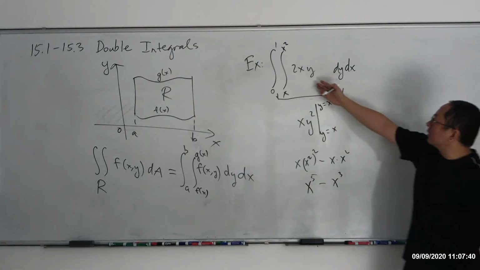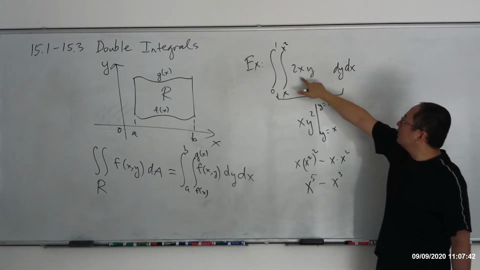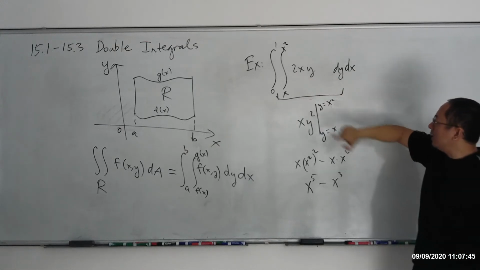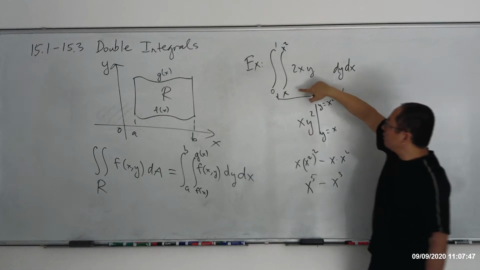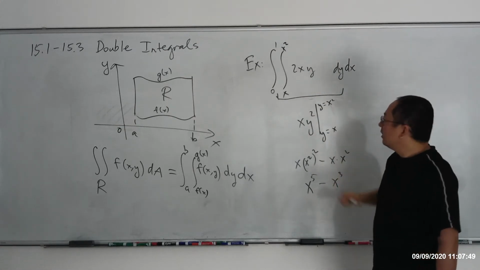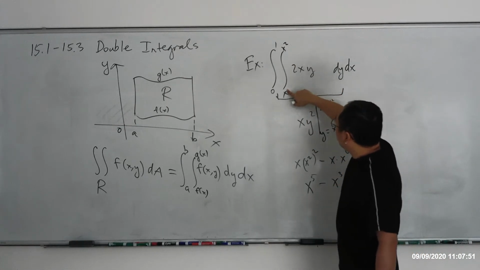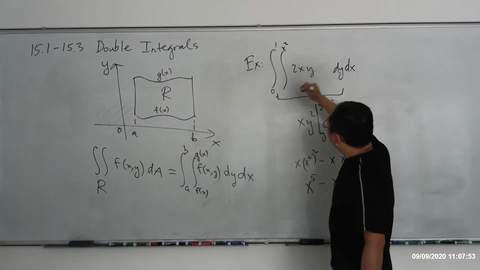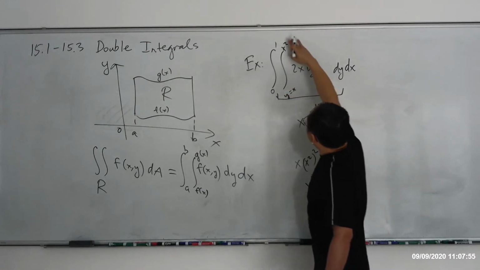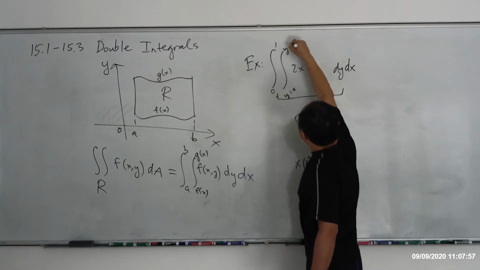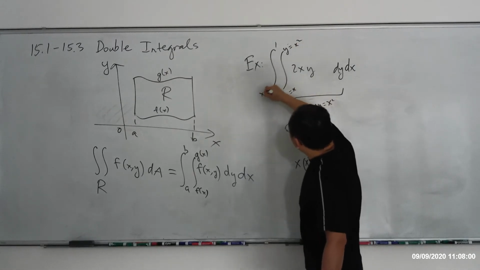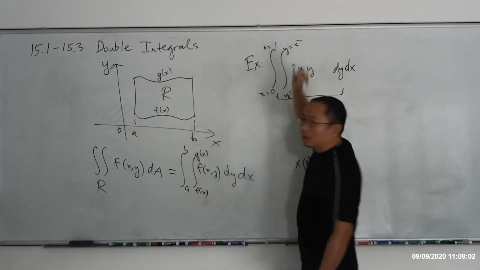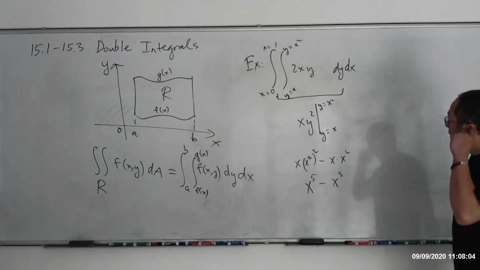So in the interior integral, y is a variable, x is a constant, and y runs from x to x squared. People use this just for x to x squared, but if you want to be clearer, you can write it this way: y equal to x over y equal to x squared, and then this is x equal to 0 all the way to x equal to 1. That helps you see it clearer if you want.